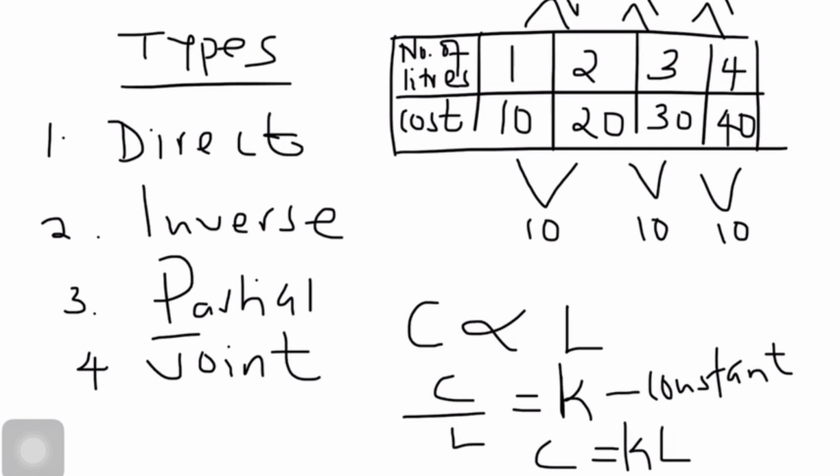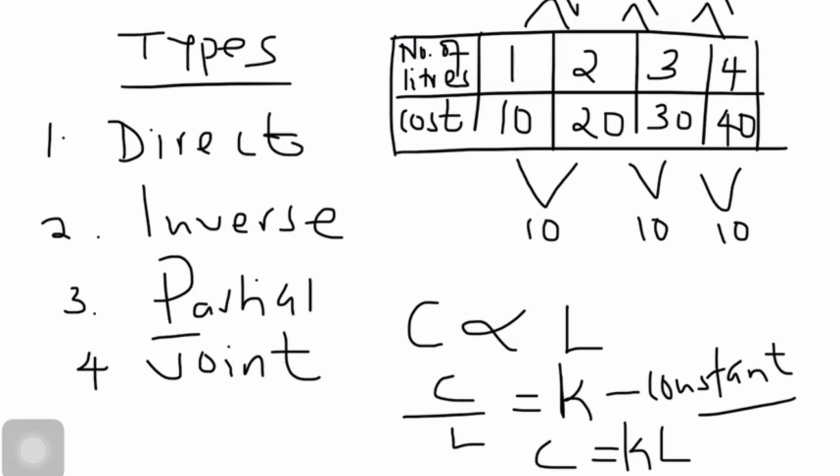From here you can even find the value of K, because you know C and L, and from one step to the other the change is constant. This constant is normally called the constant of proportionality.